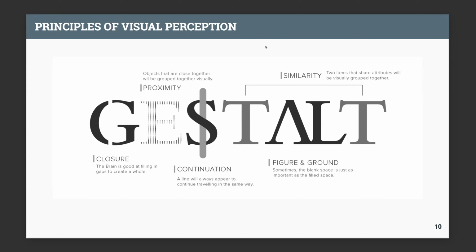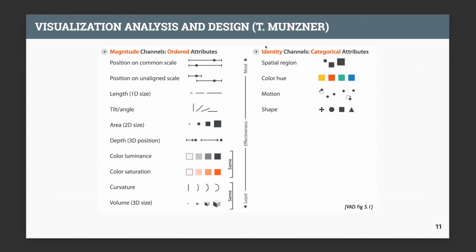This theory is important to know that it exists, just because it means that the way you design a figure and the way it will be perceived can be a bit different, because this will act on the perception of the figure. And it can be important for some very specific things. For example, when you want to compare some quantities, you can have different ways of doing that.